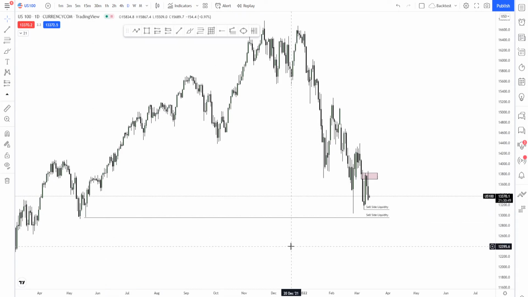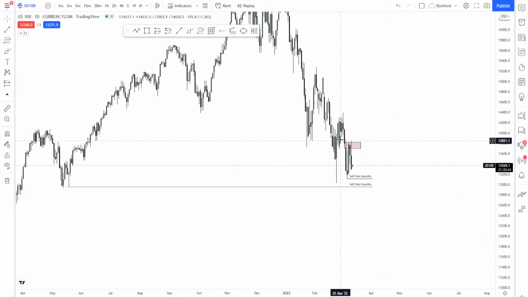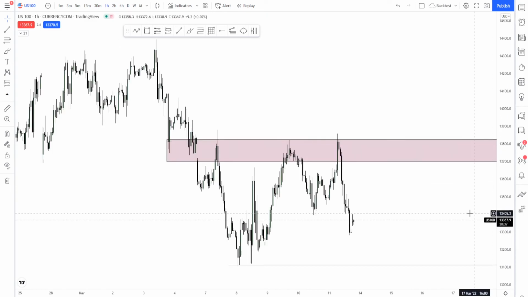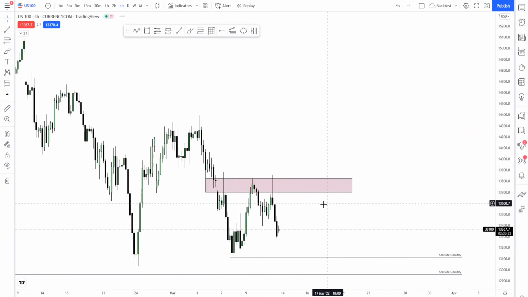and then we should be able to see a shift in market structure in play for us to go higher in these areas. But currently what we're looking for is price to continue down. So on the 4 hour, we see a shift in market structure, break in market structure right here.